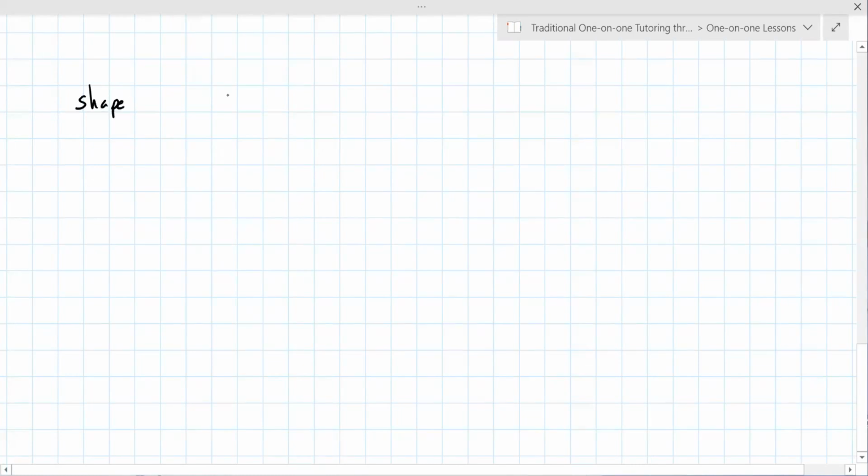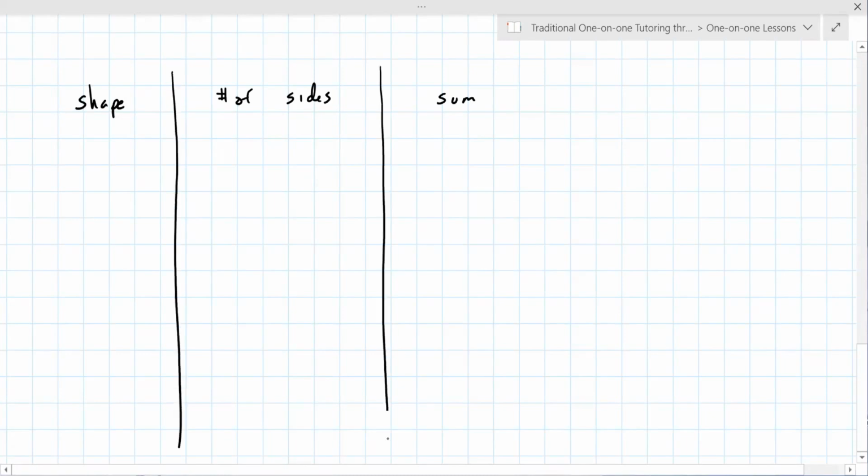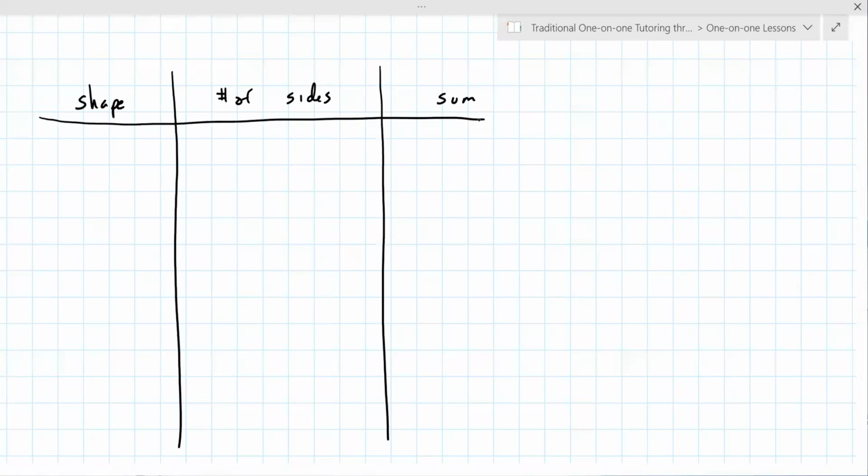So now we're going to make a table: shape, number of sides, and then the sum. What was the first shape that we looked at today? We looked at a triangle.